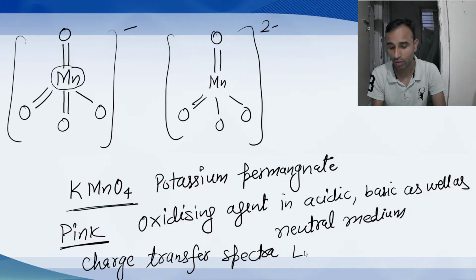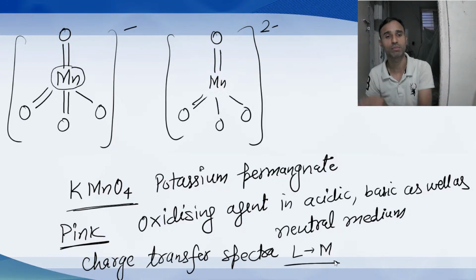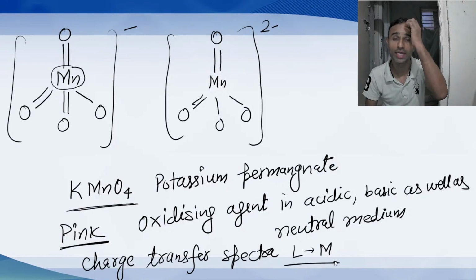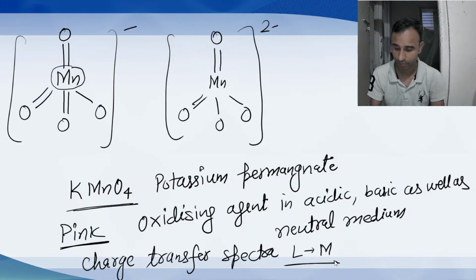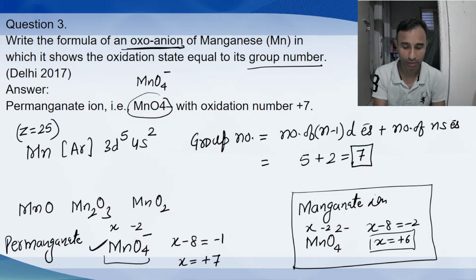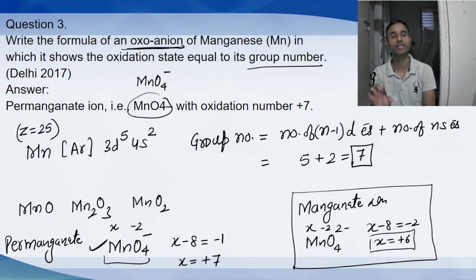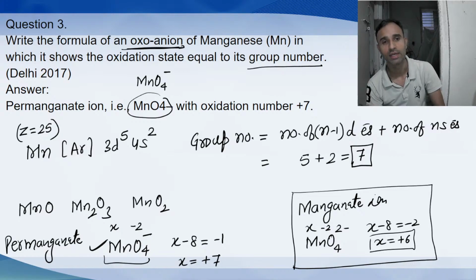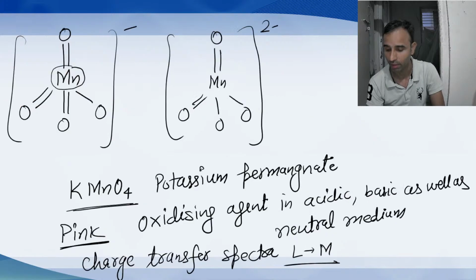So ligand to metal electron transfer takes place, p pi to d pi star. But for this question, you can write simply permanganate ion with oxidation number +7. That is the oxo anion of manganese, in which it shows the oxidation state equal to its group number.